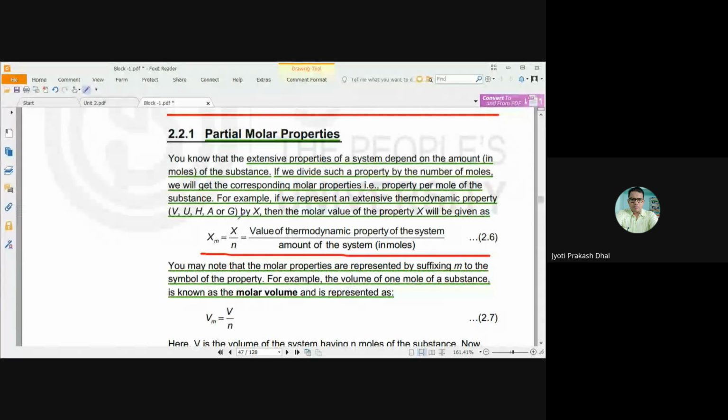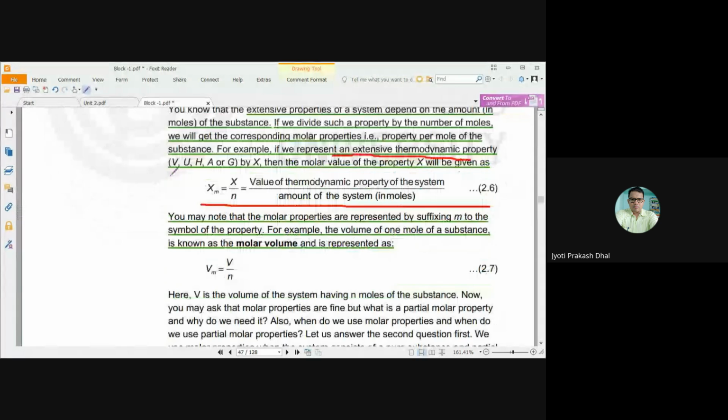For example, if we represent extensive thermodynamic properties, in the lower classes we know these are the extensive properties: volume V, internal energy U, enthalpy H, Helmholtz function A, and Gibbs function G, that we have discussed in the last class.